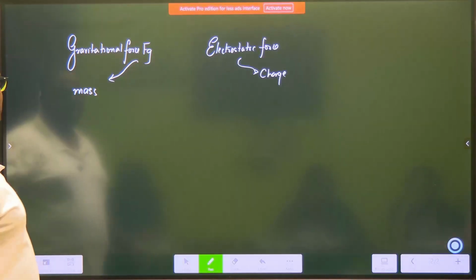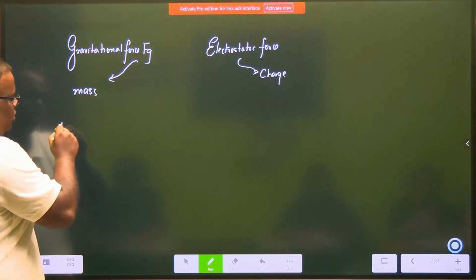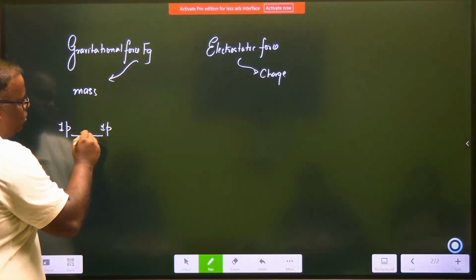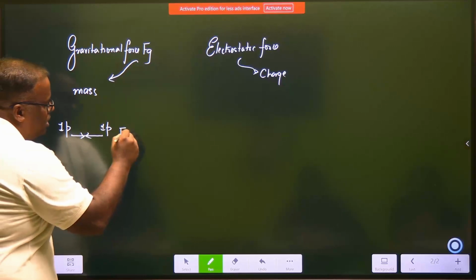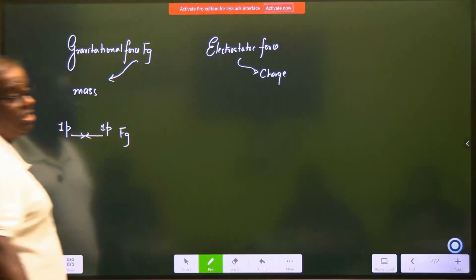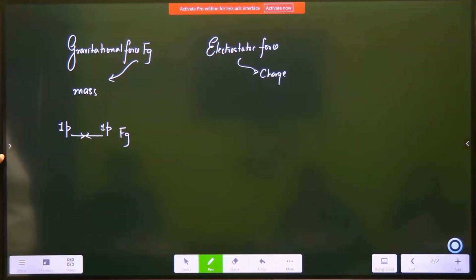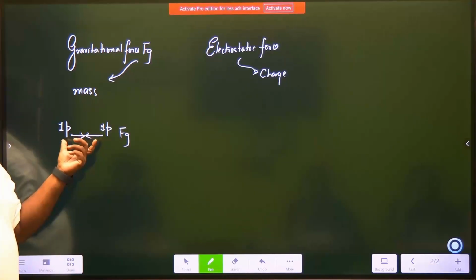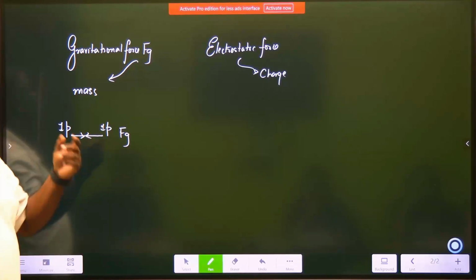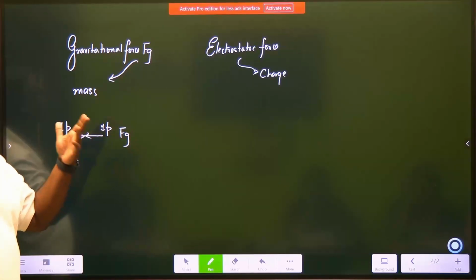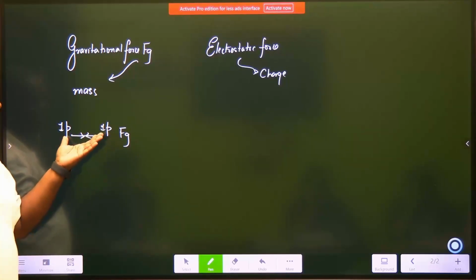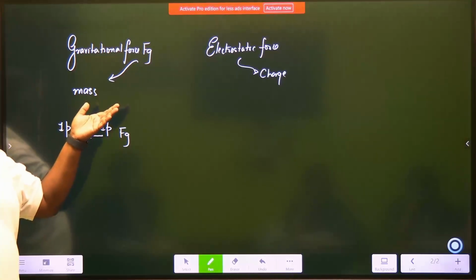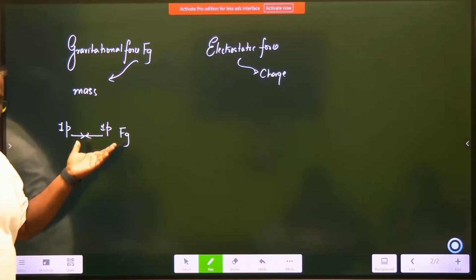After that, the same story was repeated with one proton and one proton, okay? Between a proton and a proton, you again found that there is a gravitational force. Now, since the proton's mass is higher than the electron's, the attractive force between two protons will be more than, see, these are some entrance level questions if they ask you, the attraction force between two electrons, because the protons are much heavier, right?